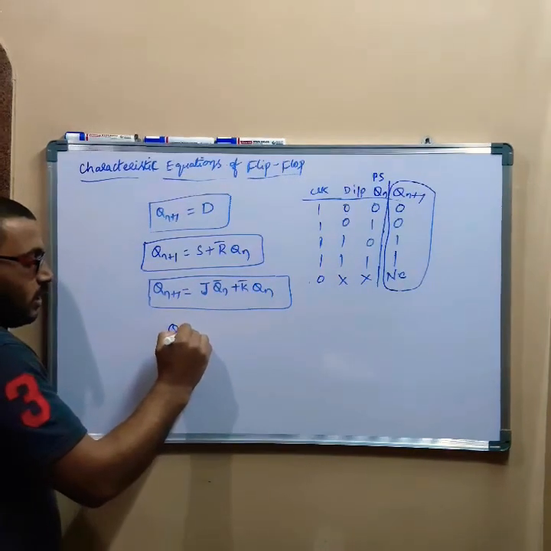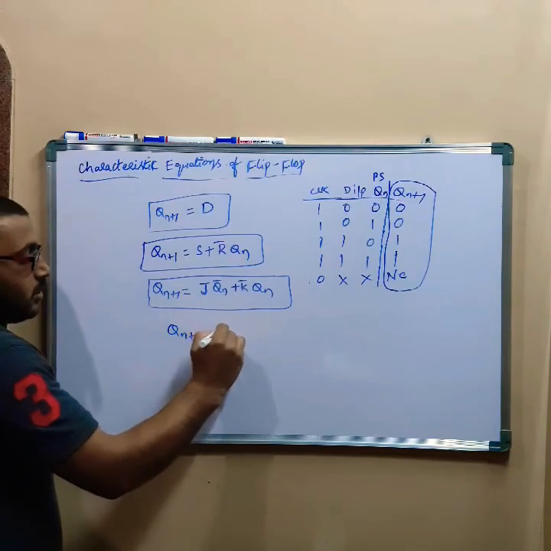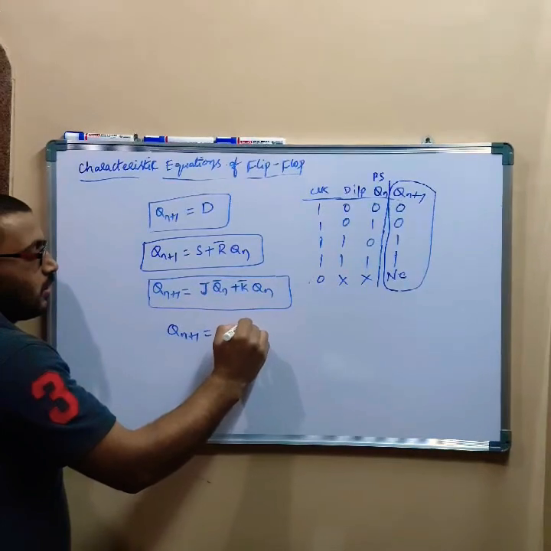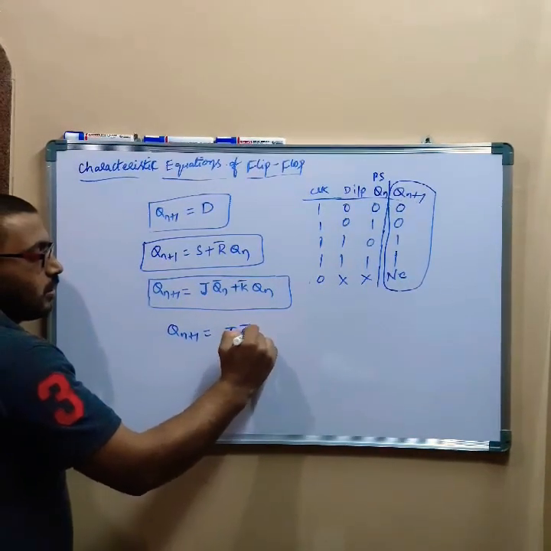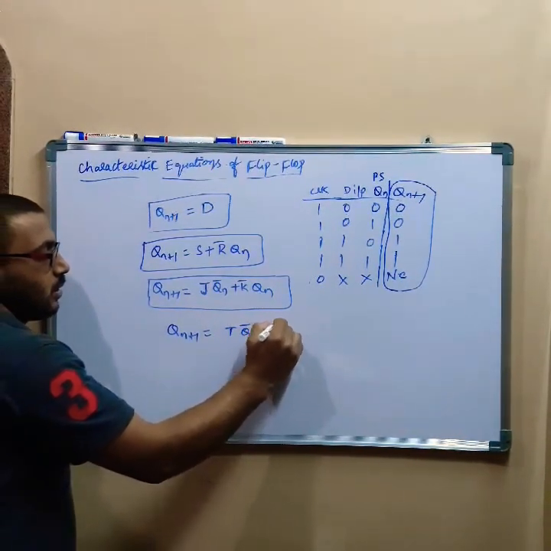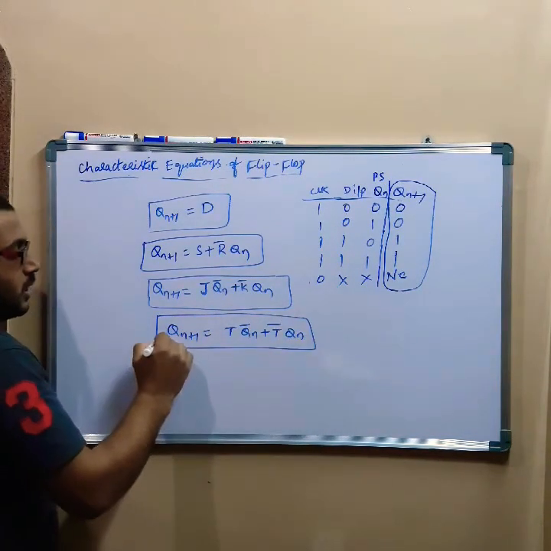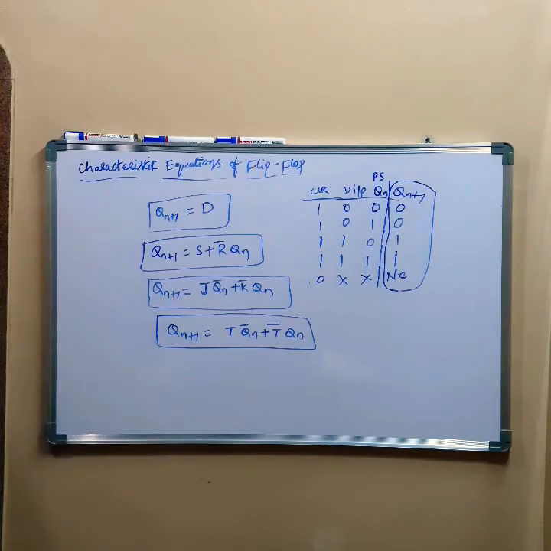Next, for T flip-flop, the characteristic equation is equal to T Qn bar plus T bar Qn. So you just remember these characteristic equations. These are useful to attempt the questions in bits.